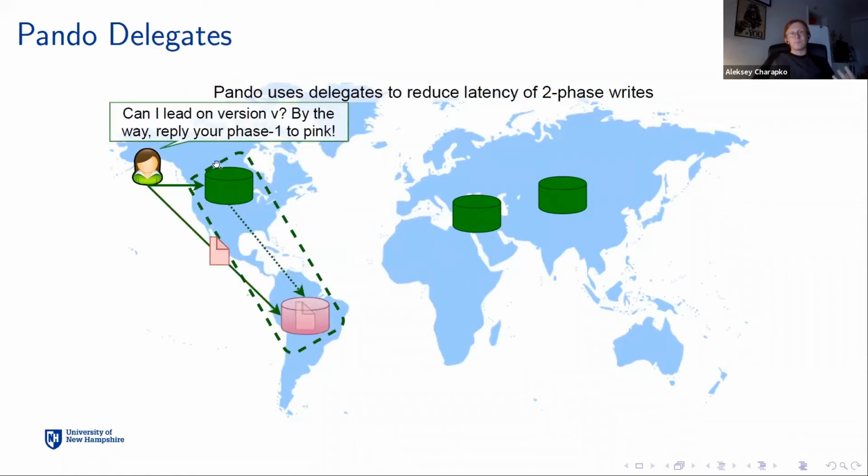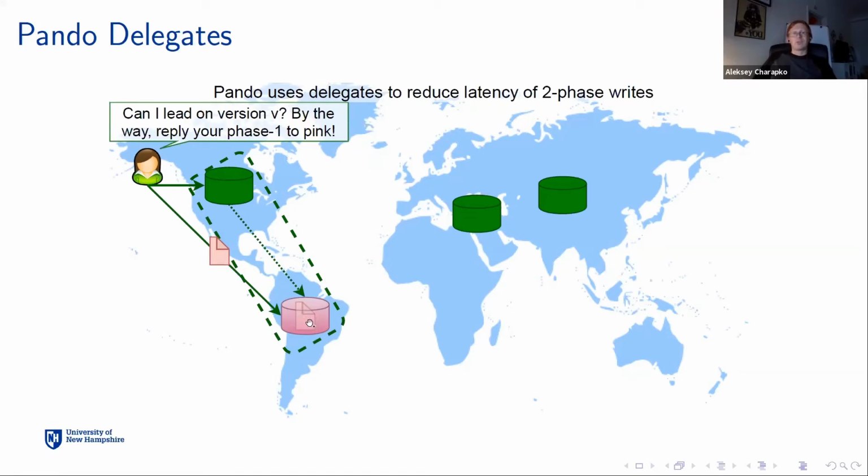So in Pando, our client, our proposer, sends the phase 1 message to her read quorum, phase 1 quorum, but she picks one of the nodes in my diagram here, this pink node, as the delegate. So this delegate is going to be responsible for collecting the phase 1 votes. While she picked this node as the delegate, she also sends the document that she wants to write.